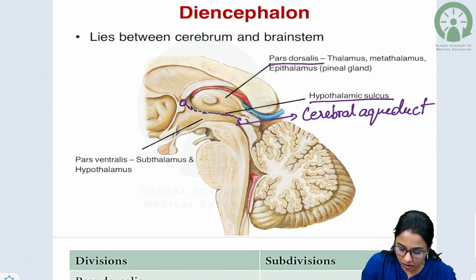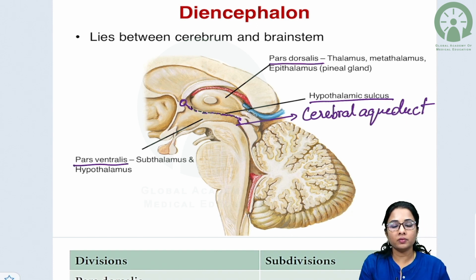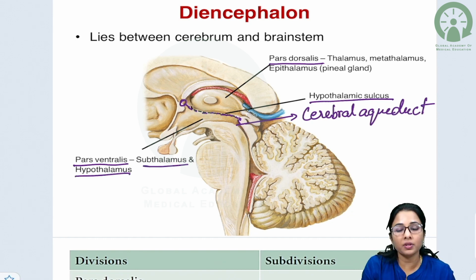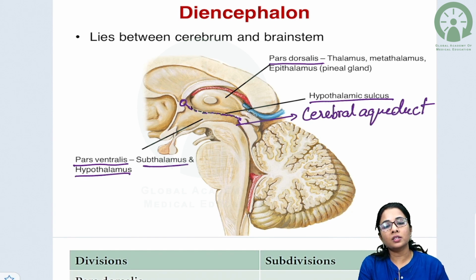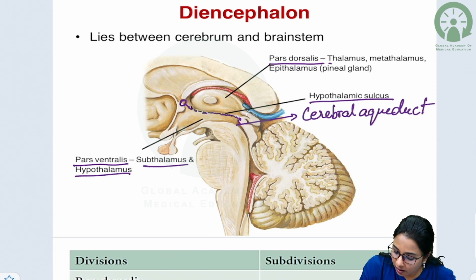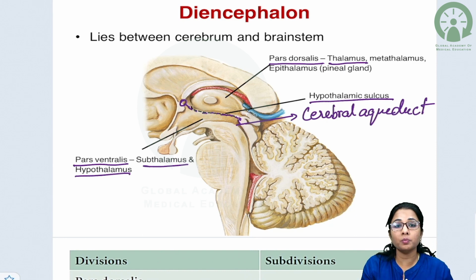This is pars dorsalis and here is pars ventralis. Pars ventralis contains two components, hypothalamus and subthalamus. Pars dorsalis contains the thalamus, which makes up the major part of pars dorsalis.